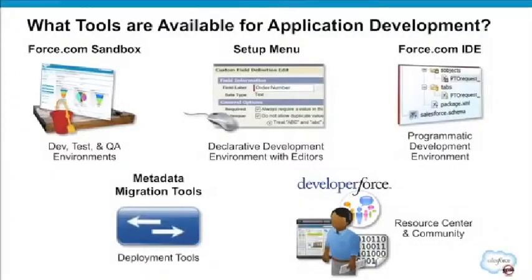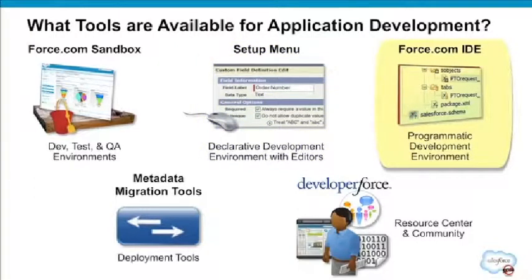So what tools are available to us? We have our sandboxes. Our sandboxes are both our development and our testing environments, separate from your production environment. We have the setup menu, which is the place where you can develop those declarative customizations using the point-and-click features.